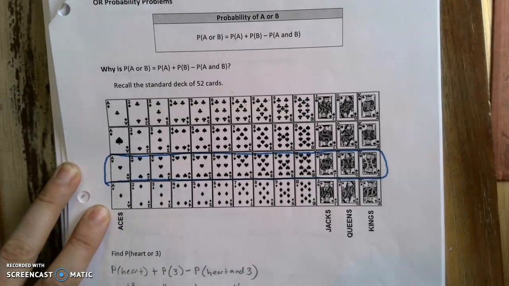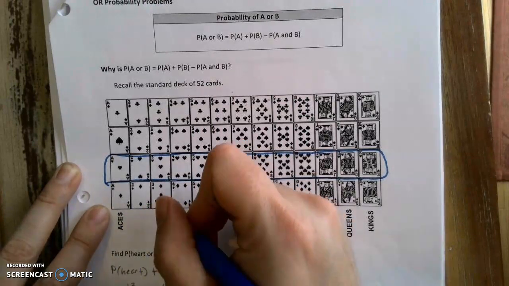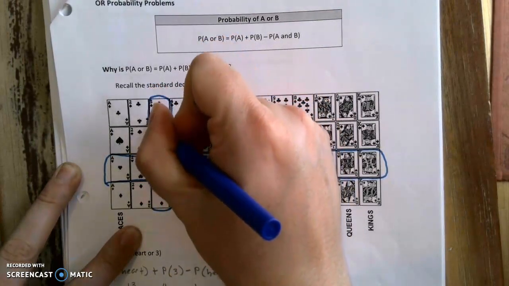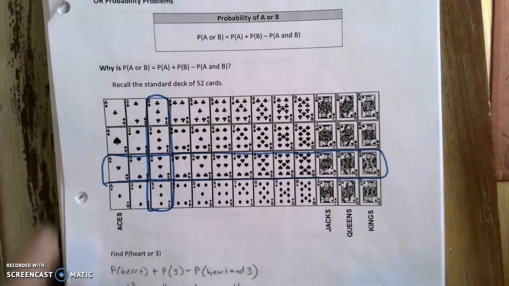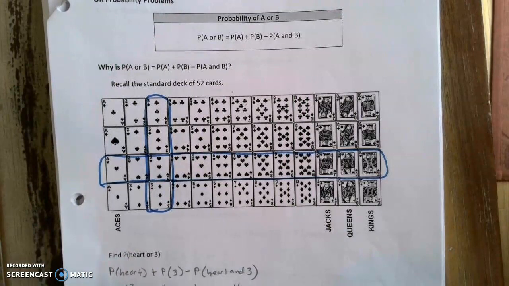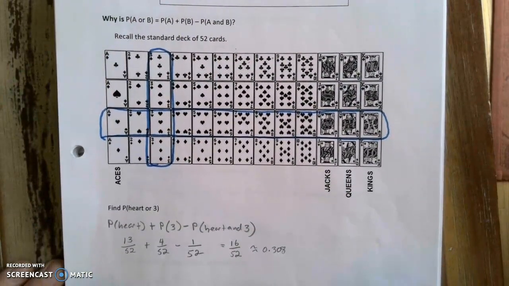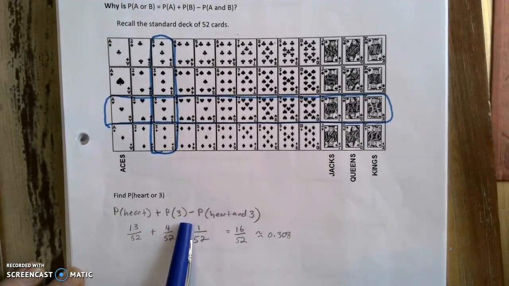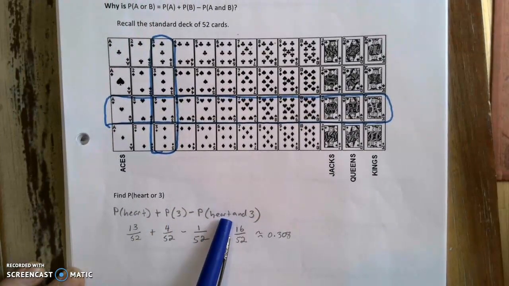And then the probability of a 3 would be here. But notice when you do that, we can write that down: the probability of a heart plus the probability of a 3 minus the probability of a heart and 3.